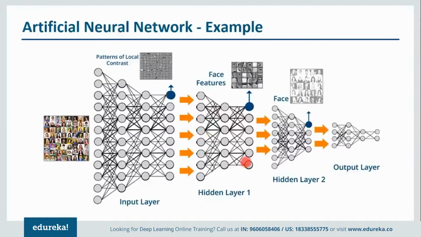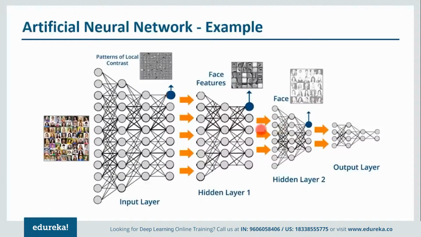We'll recognize eyes, nose, ears, things like that. And then that will be again fed as input to the next hidden layer. And in this hidden layer, we'll assemble those features and we'll try to make a face. And then we'll get the output, that is the face will be recognized properly. So if you notice here, with every layer, we are trying to get a more abstract version or the generalized version of the input.